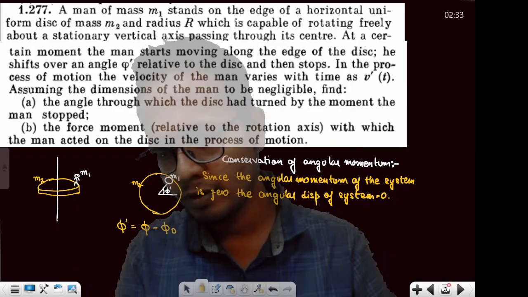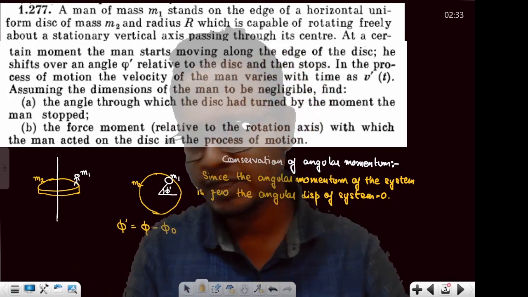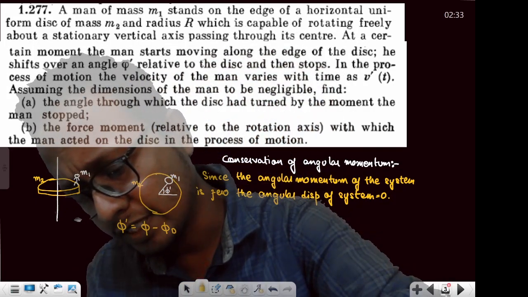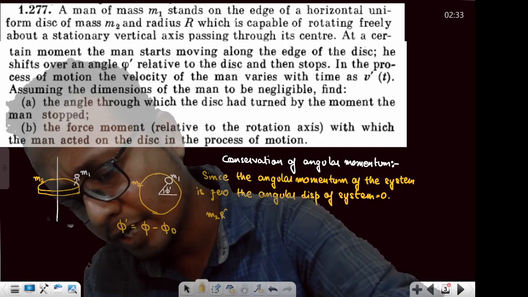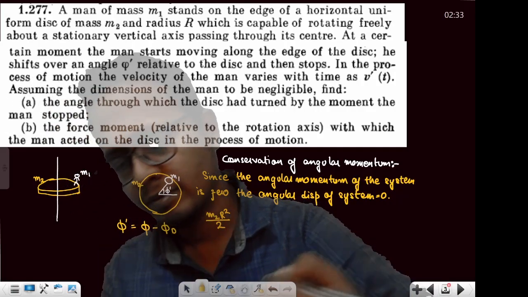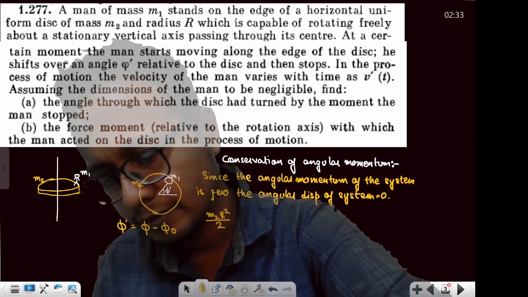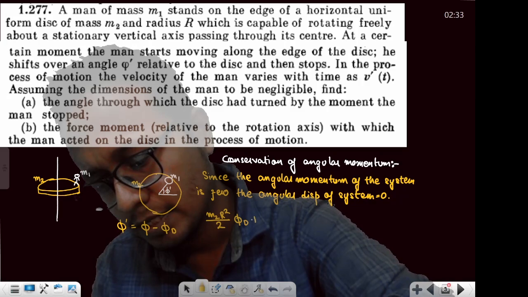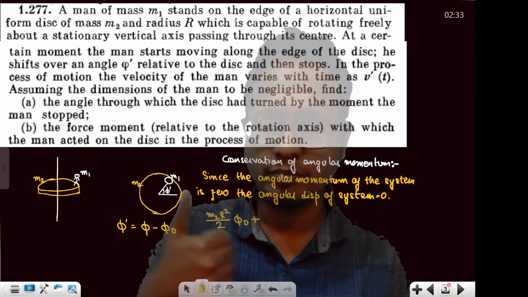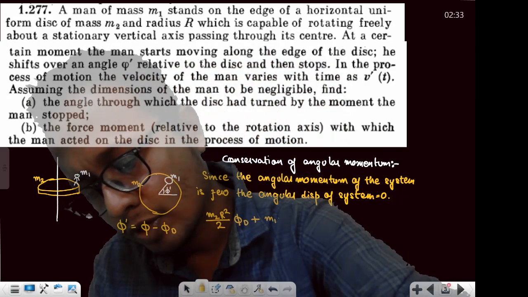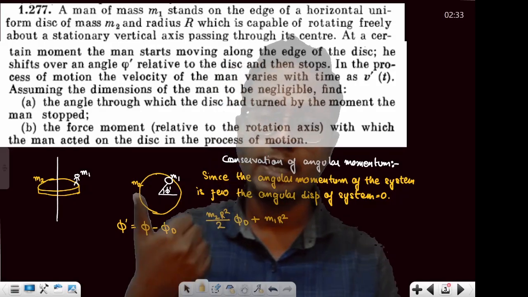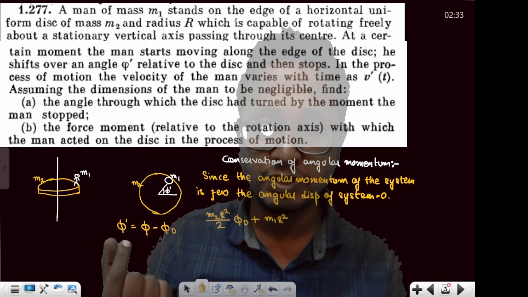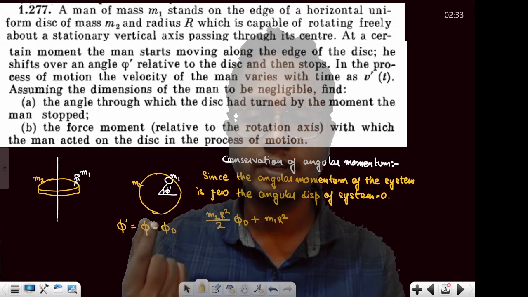So what is the angular displacement of the system? Moment of inertia of the disk, m2 r square by 2, into the angular displacement of the disk, plus moment of inertia of the man, m1 r square, into the angular displacement of the man with reference to ground.